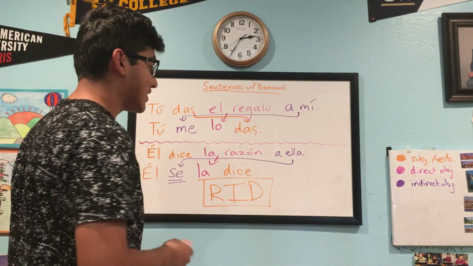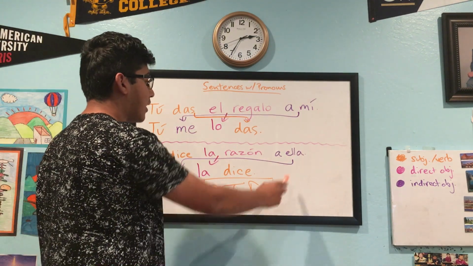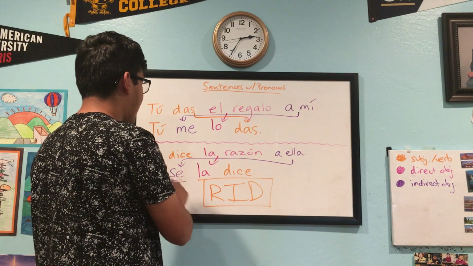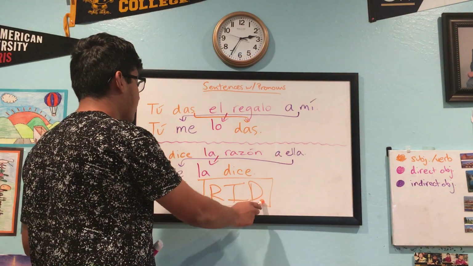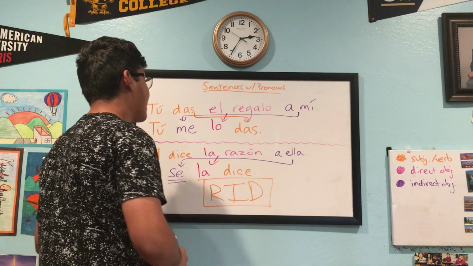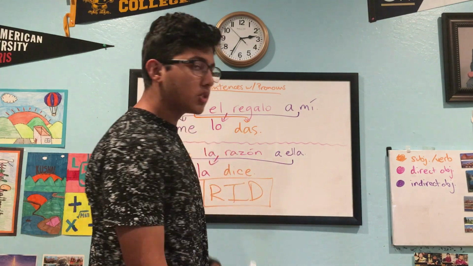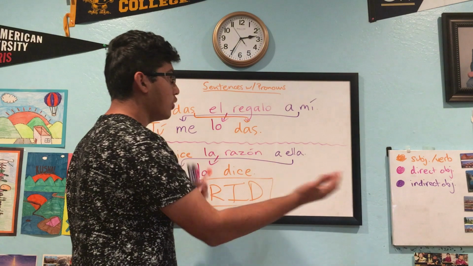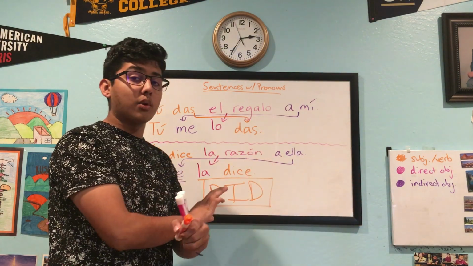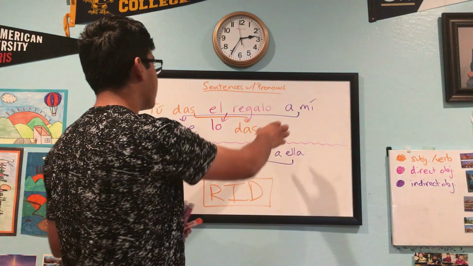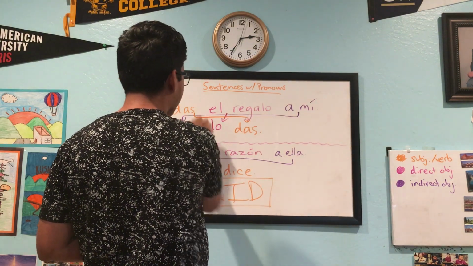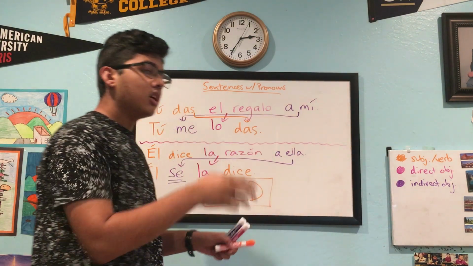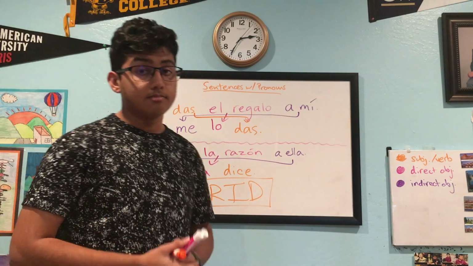Then comes the indirect object, which comes at the start here because we don't have a reflexive pronoun. Then comes the direct object pronoun, so la, and then at the end we'll put the verb. So this is in general what you'll do. I like to say we just flip it around on its head. You're putting the a mí at the start, the el regalo in the middle, and the verb at the end. So that's just two ways to remember it.